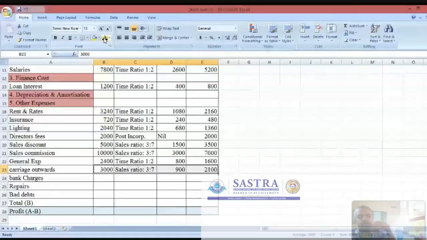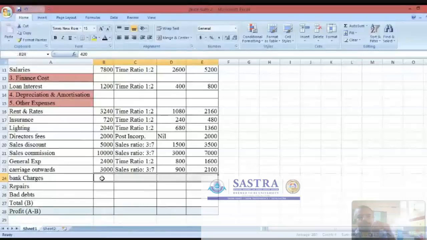Bank charges are based on time. It is not a loan, so don't assume it as a loan. Interest on loan is different; bank charges are different. If you are maintaining a bank account, annual charges will be calculated and debited from your bank account.